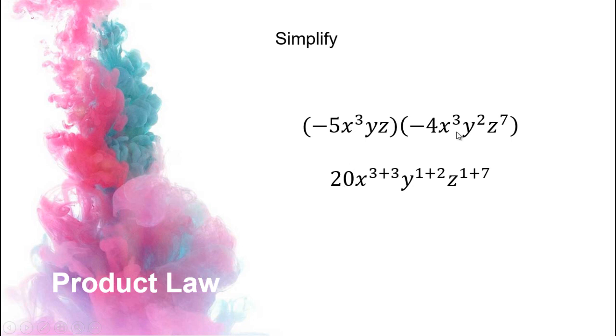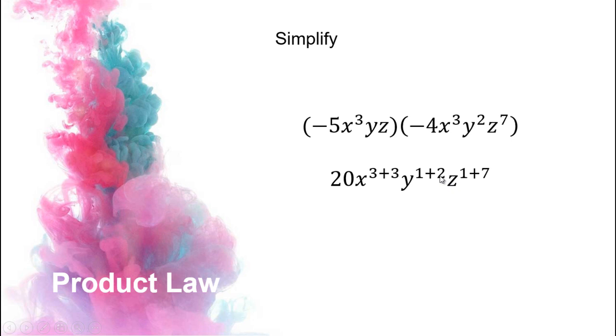We have negative 5 times negative 4, that is positive 20. The x and the x here have the same base. We copy x as the base, then add their exponents, 3 plus 3. Next, we have our y. There are two y's, and one has no exponent, so it is automatically 1. So, 1 plus 2.